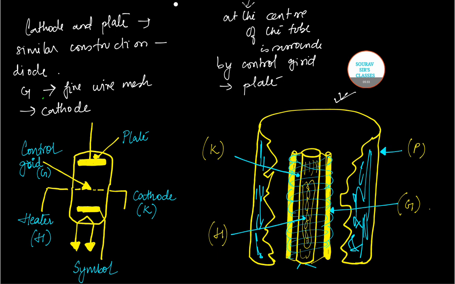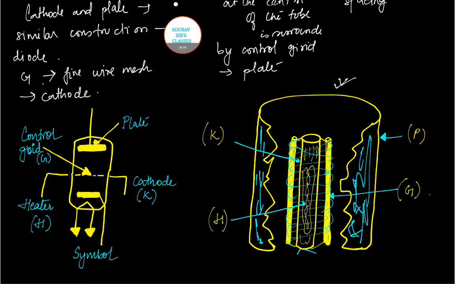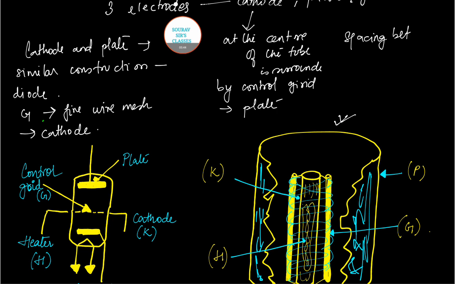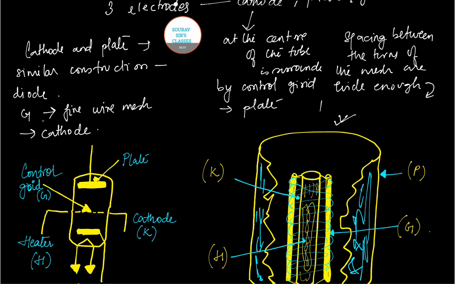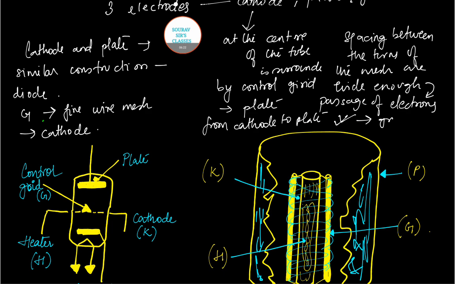The spacing between the turns of the mesh is wide enough so that the passage of electrons from cathode to plate is not obstructed by the grid.